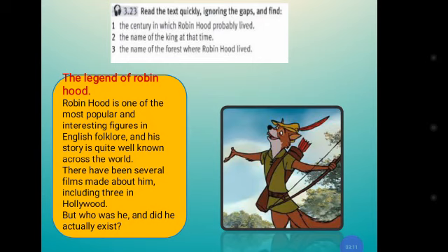The legend of Robin Hood. Robin Hood is one of the most popular and interesting figures in English folklore, and his story is quite well known across the world. There have been several films made about him, including 3 in Hollywood.